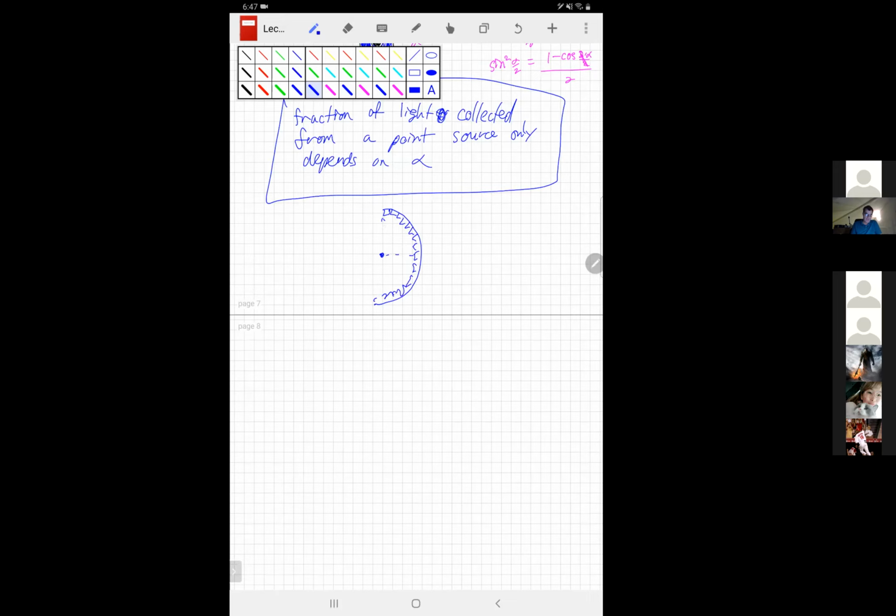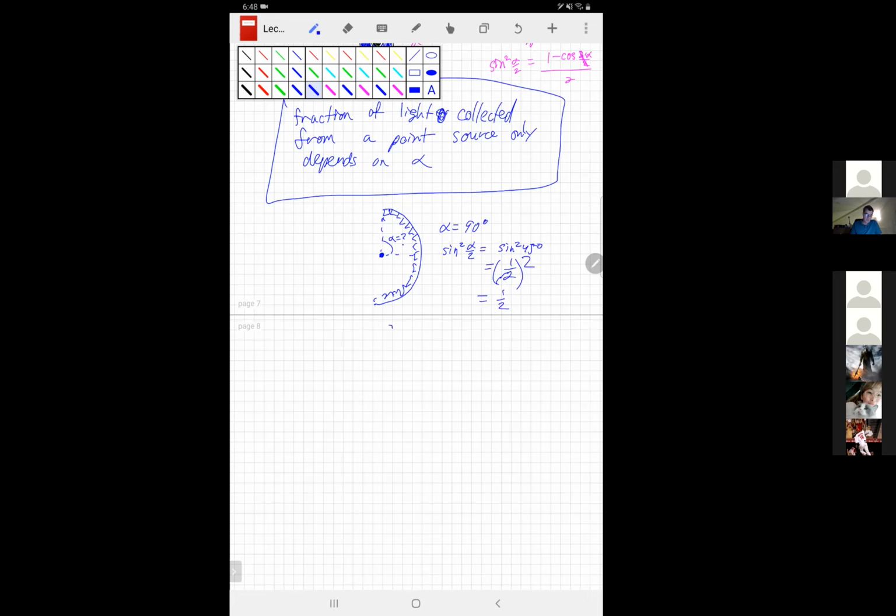In that case, what is alpha? Don't overthink it, just look at the diagram. 90 degrees. Okay, so sine squared of alpha over 2 is sine squared 45 degrees, which is 1 over the square root of 2 squared, which is 1/2. So we collect exactly 1/2 of the light.